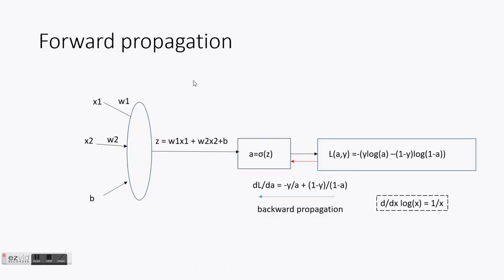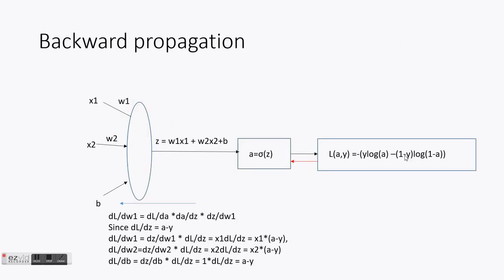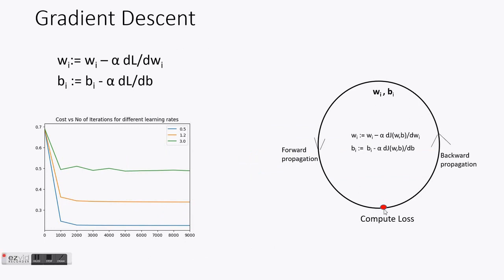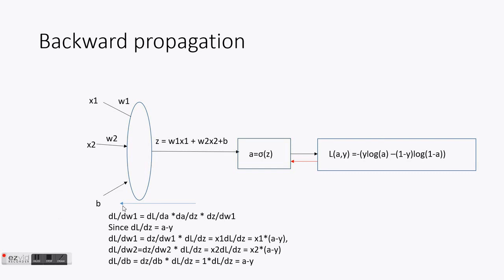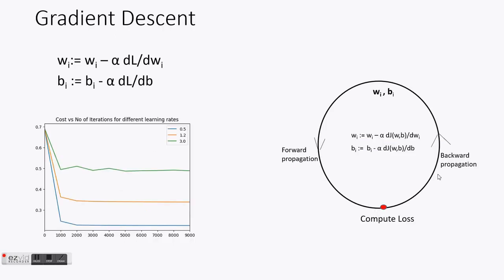That is, we compute the linear activation, we compute the sigmoid, we compute the loss, and then we compute the cost. Then we do a cycle of backward propagation, and we compute how the cost varies with respect to the weights and bias. That is, how the cost, not the loss. We have to find the average of the cost over m training examples, and then we iterate.